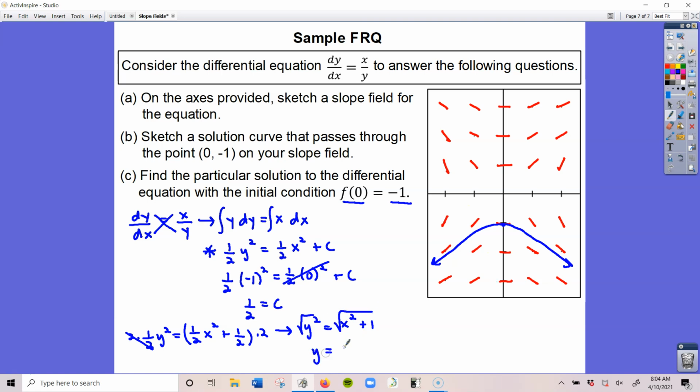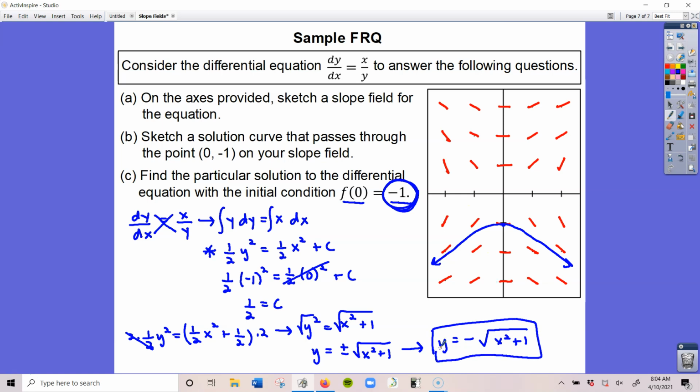Remember that when you take the square root, your answer is plus or minus the square root of x squared plus 1. But a particular solution is exactly one solution, and that's when I look at my initial condition. Since my y value is negative, my y must be negative. So my actual answer would be y equals the negative square root of x squared plus 1. And that's slope fields and differential equations.